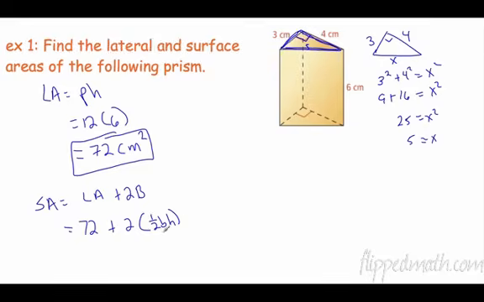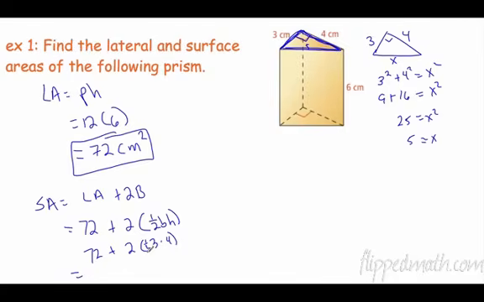Now I'm looking at that base, and this triangle formula has base times height. Remember, our base and height are perpendicular in triangles. So the base here would be 3. So this is going to be 2 times 1/2 times 3 times 4, plus 72.